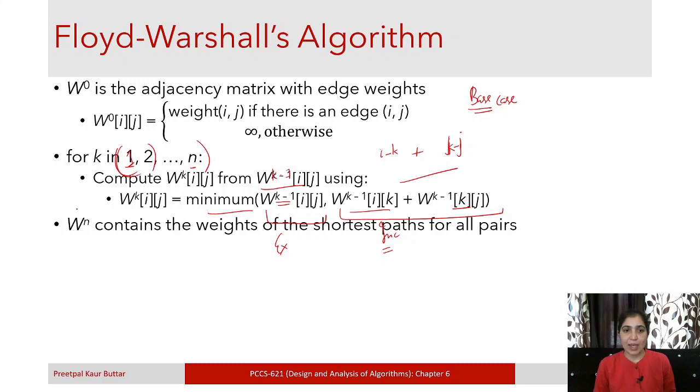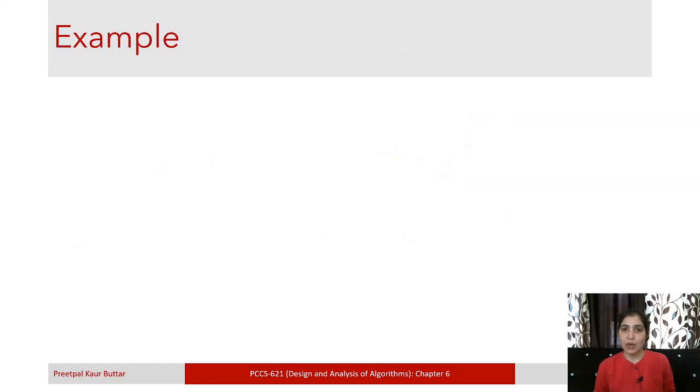At last you will compute Wn, and this matrix will contain the final weights of the shortest paths for all the pairs. To understand it in a better way, let us look at an example. This is the graph which is given to you.